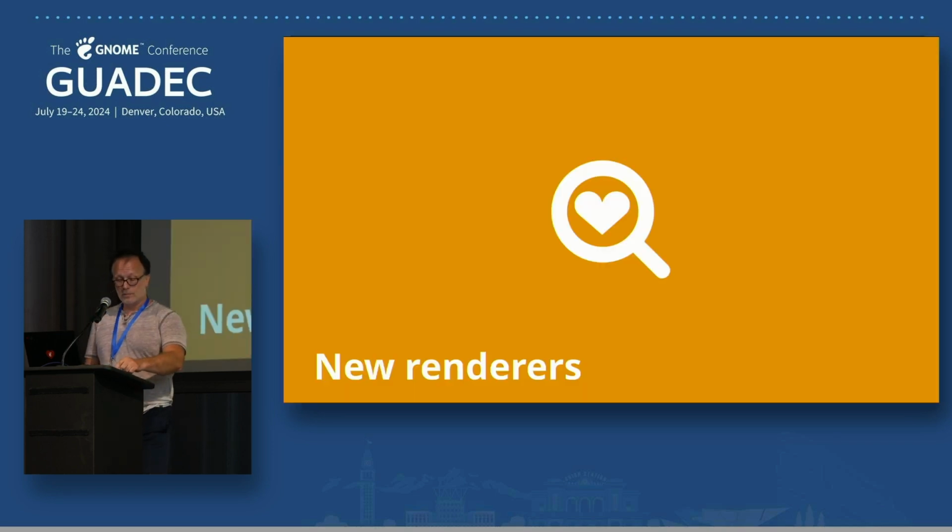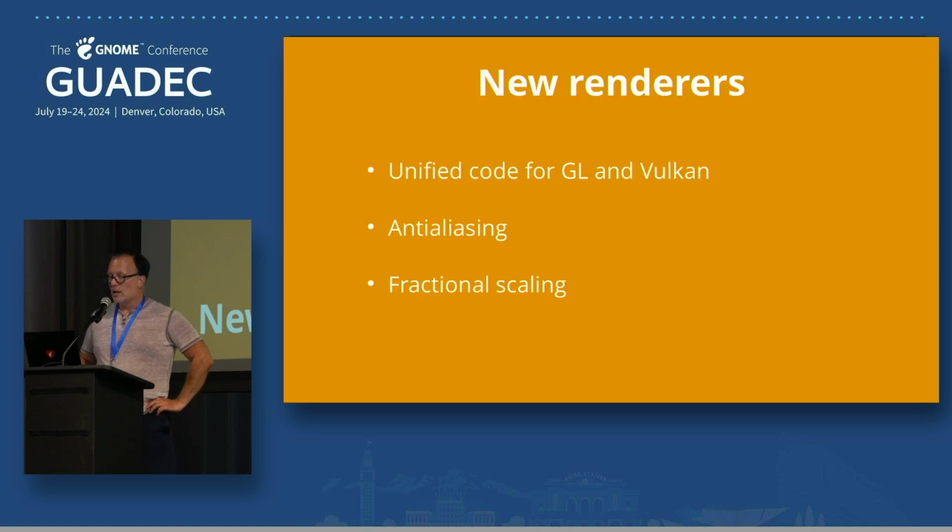Moving on to the actual topic of the talk, new renderers. That's the biggest piece of work that has landed since last GUADEC, I would say. When GSK was first introduced in GTK 4.0, we had two renderers. We had a GL renderer, a first generation GL renderer, and an experimental Vulkan renderer.